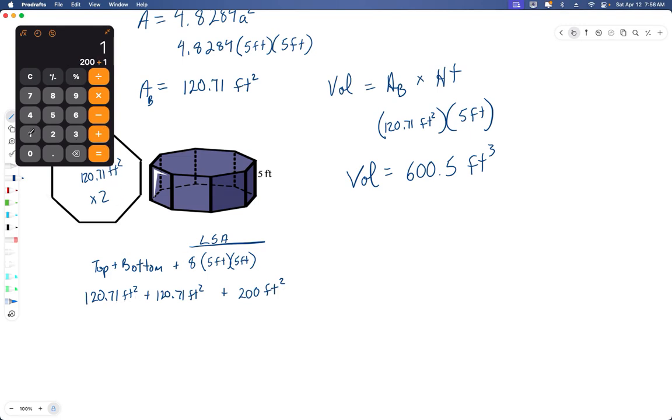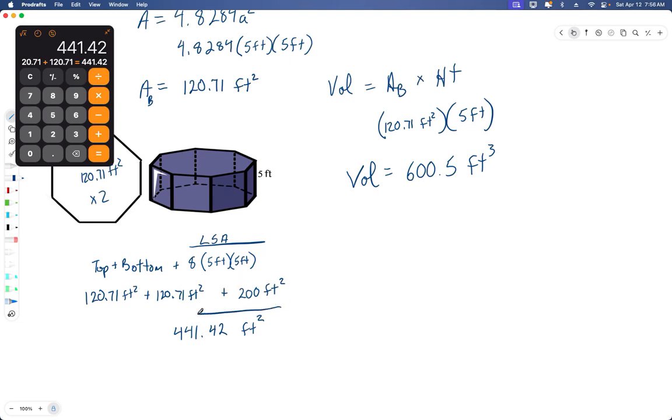So now I just add all 3 of these together. 200 plus 120.71 plus 120.71. And that equals 441.42 feet squared, because they're all feet squared and we're just adding them together.